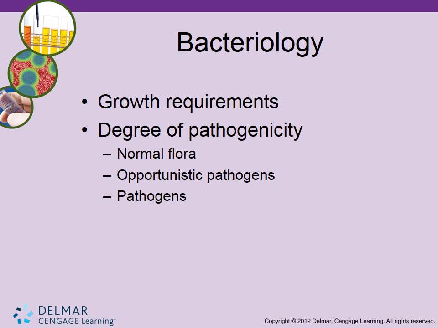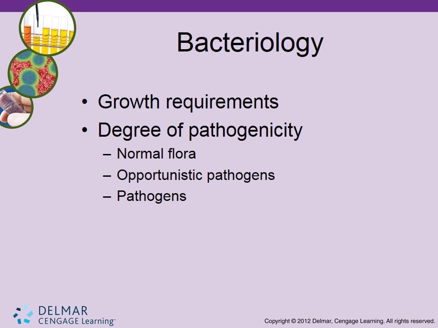It has amino acids, and it also has 5 or 10% sheep blood added to it. Blood agar is especially useful when trying to cultivate fastidious bacteria, and also for observation of hemolysis on the plate. And we'll discuss the types of hemolysis you see on blood agar plates in other chapters.